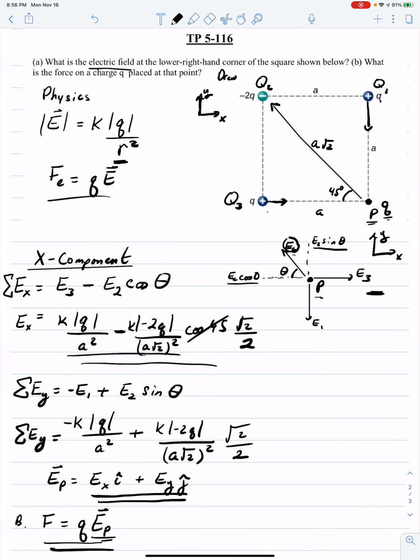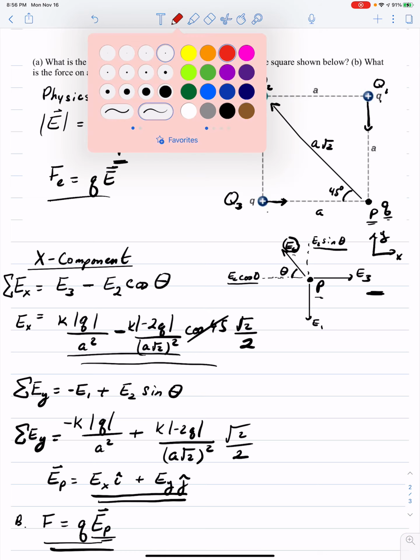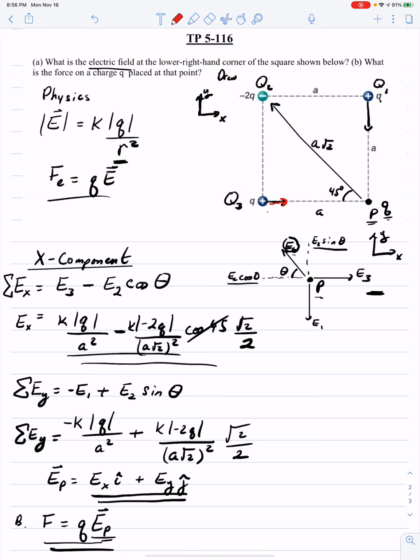We talked about the diagrams. Important to know the direction. So remember, positives are always going outwards. Negatives are always going inwards when it comes to electric fields.